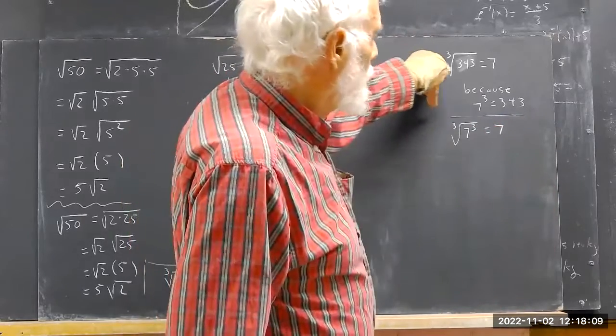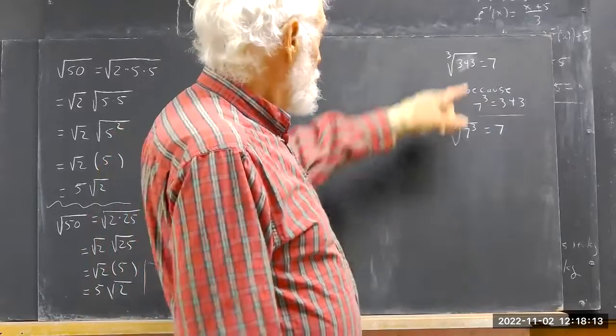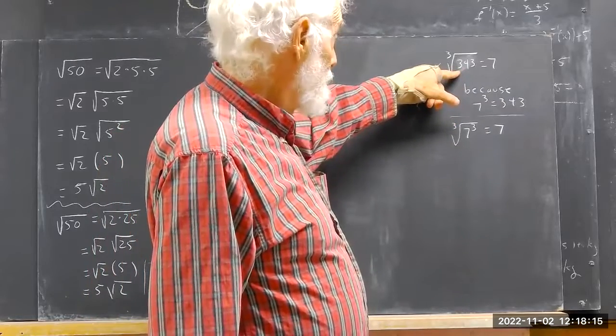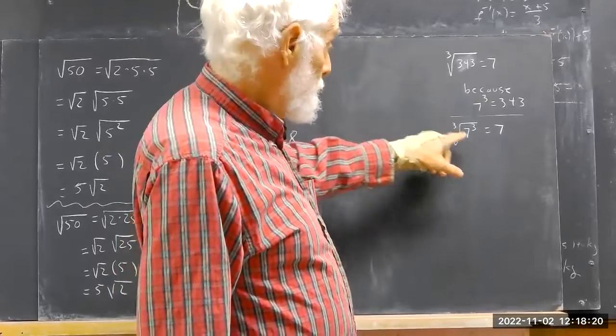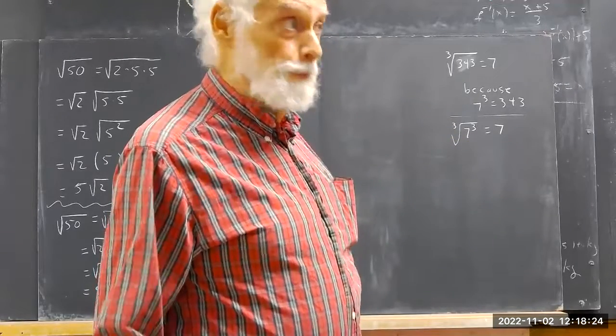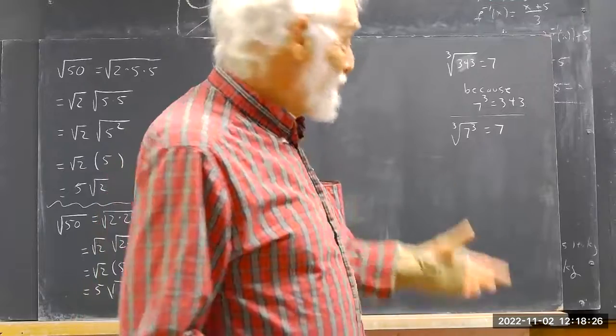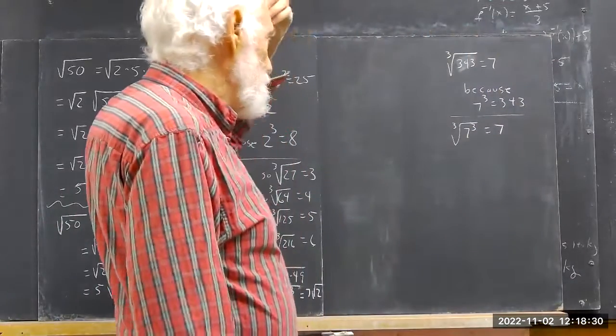Okay, the cube root of 343 is 7 because 7 cubed is 343. So this could also be written, instead of 343, as 7 cubed here. We see that the cube root of 7 cubed is 7 because 7 cubed is 7 cubed. Okay, so that's pretty straightforward.